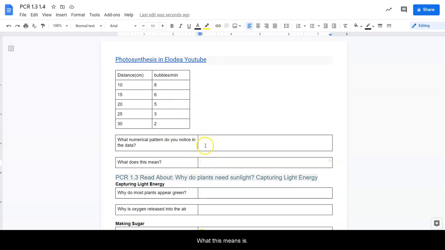What this means is plants need light to produce oxygen. And the less light they have, the less oxygen they have. The more light they have, the more oxygen they have.